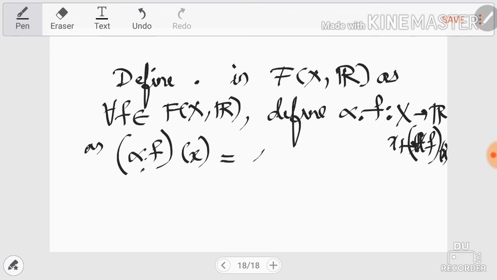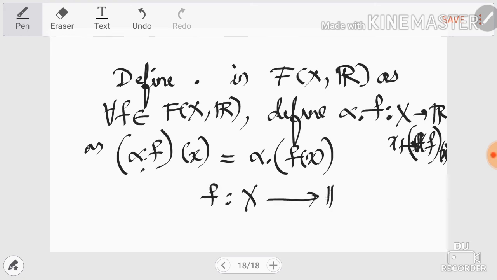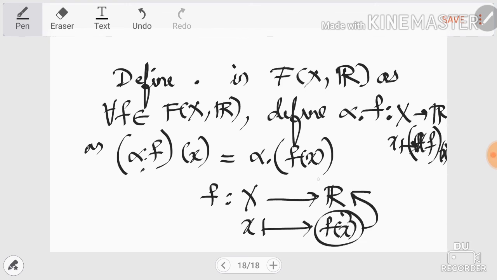So what would this mean? It would simply mean alpha dot f(x), because we know that f is a function from X to R, and hence f(x) is going to be a real number. Alpha is also a real number, and hence alpha times f(x) is also a real number.